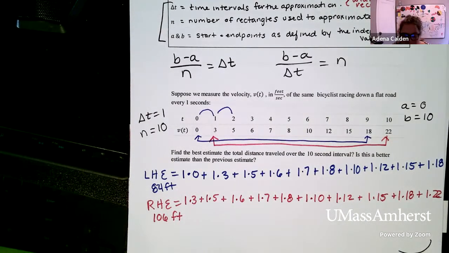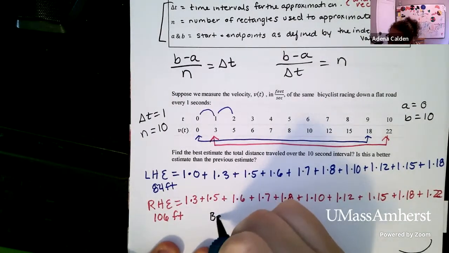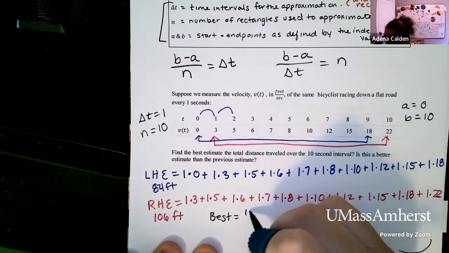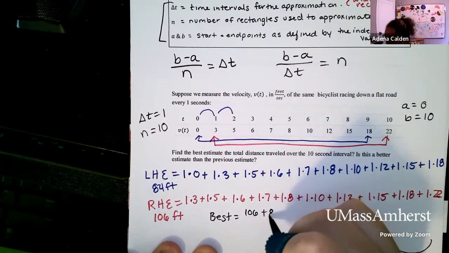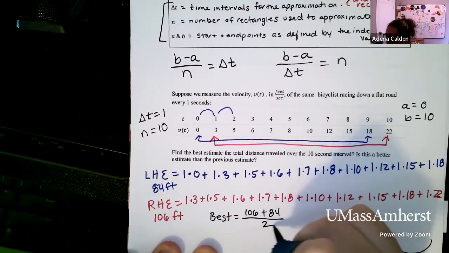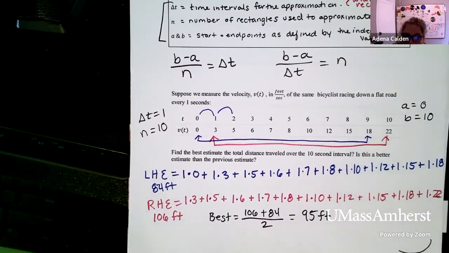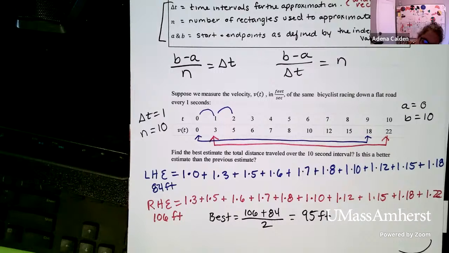So let's start with the first question at hand, the best estimate. The best estimate is going to take these two and average them together. So 106 plus 84 divided by 2 gives us 95 feet. That's pretty close to what we got before. We had 96 feet as our best estimate.